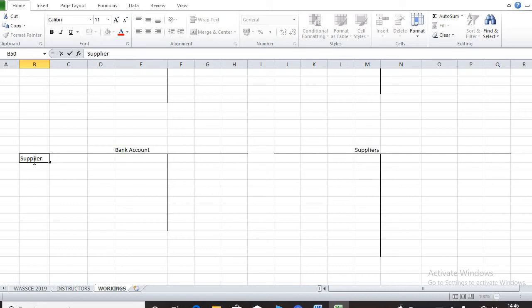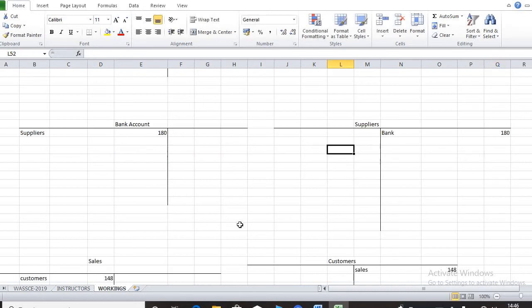Don't forget that, with an amount of 180, the difference between the two amounts. Then we credit the supplier's account in the name of bank with the amount of 180.